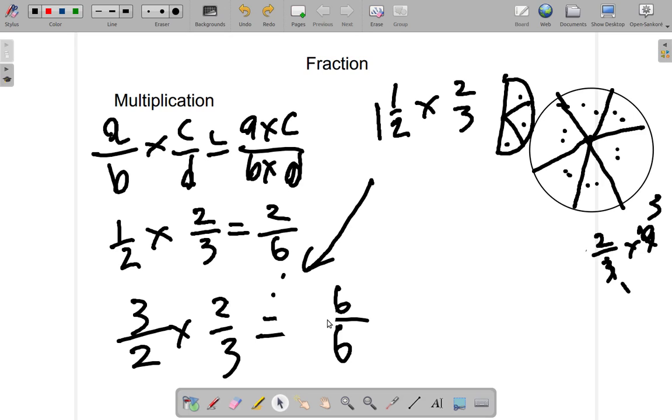If you're given one of the fractions as a mixed fraction, like 1 1/2, you turn it into an improper fraction. We did that in an earlier video, and then you multiply that improper fraction by the other fraction, again top by top over bottom by bottom, and you get your answer. Alright, that's it for now.